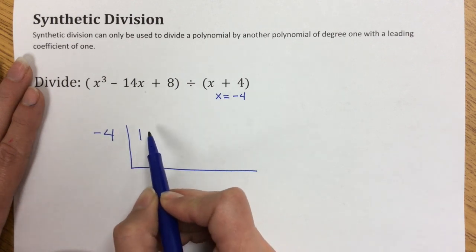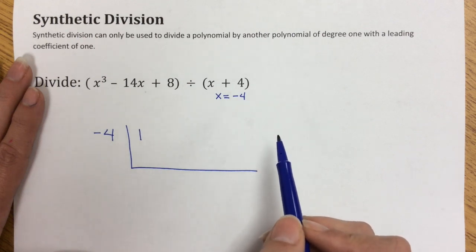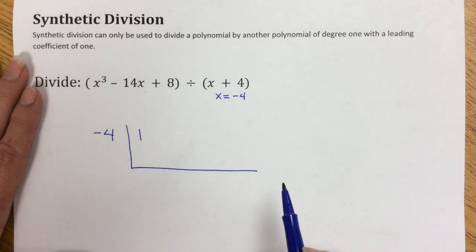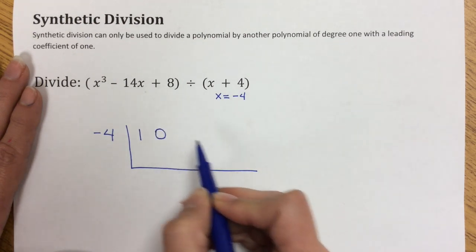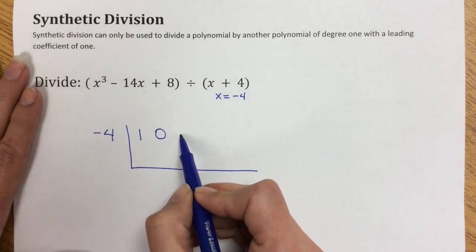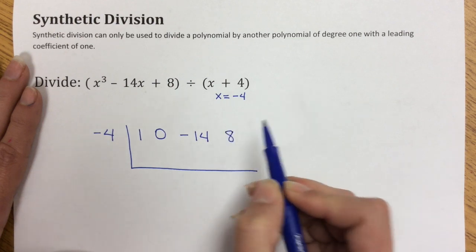And then we are going to descend in order from 3, 2, 1, and then our constant. We do not have a squared term, so we are going to put a 0 in. Our x to the 1 power has a coefficient of -14, and our constant is 8.